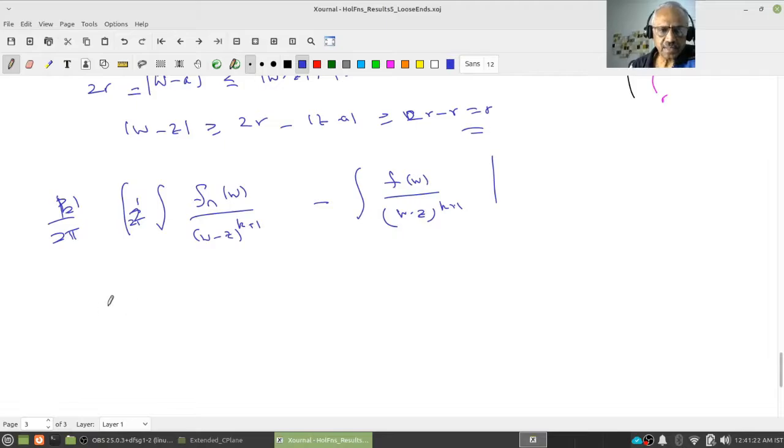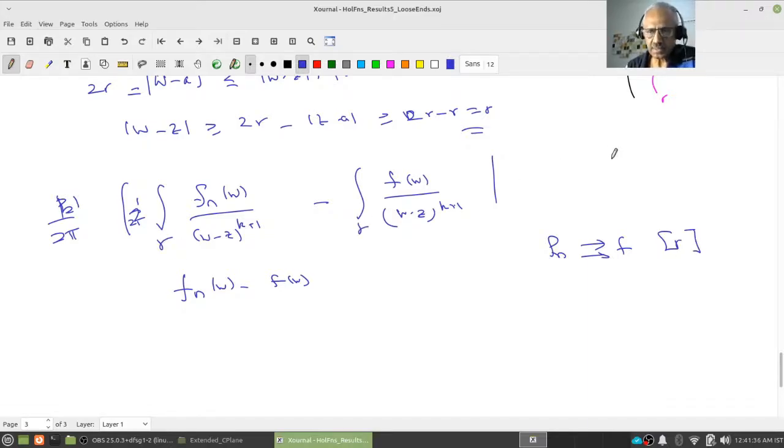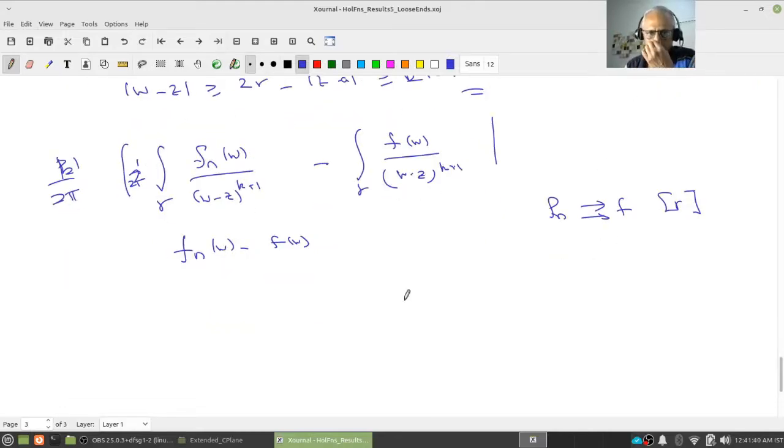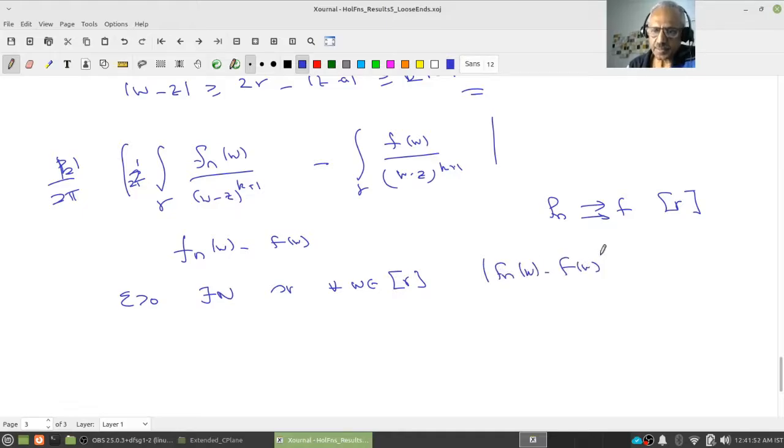Therefore by the ML inequality, what is the M? I have to look at f_n of w minus f of w. Notice that f_n converges to f uniformly on gamma, where gamma is, as we did, gamma 2r. It converges uniformly. Therefore given epsilon positive, there is an n so that for all w in gamma, mod f_n of w minus f of w will be less than or equal to epsilon.